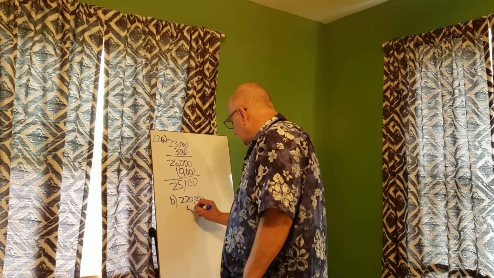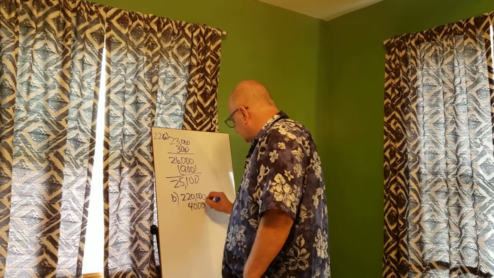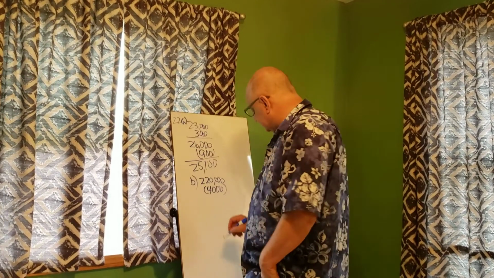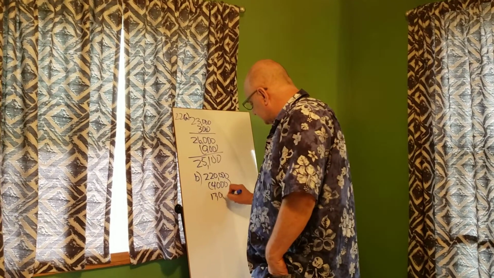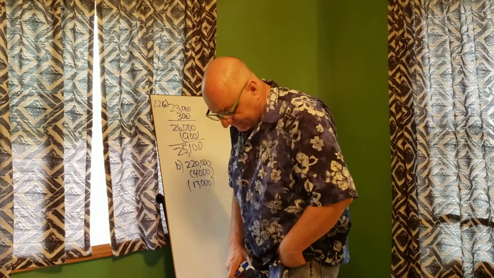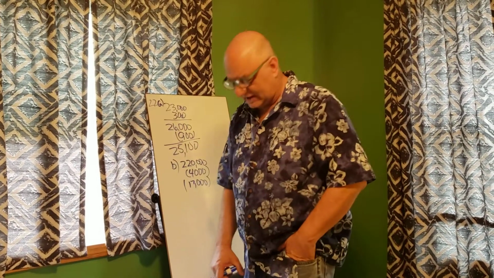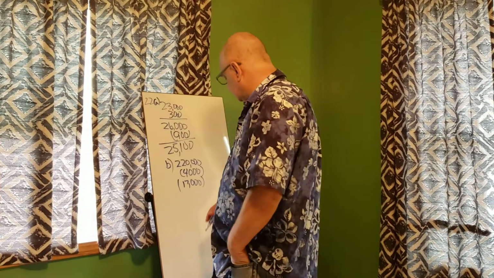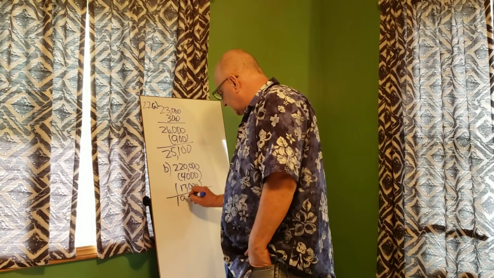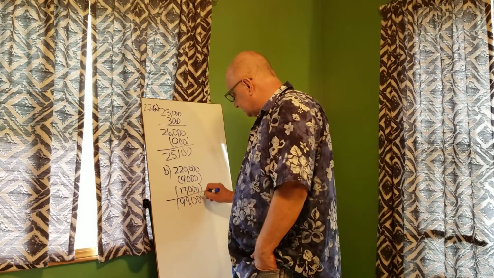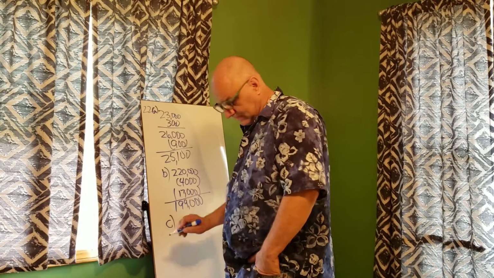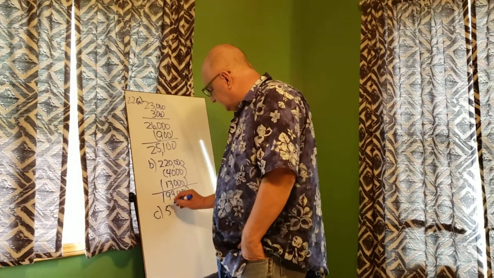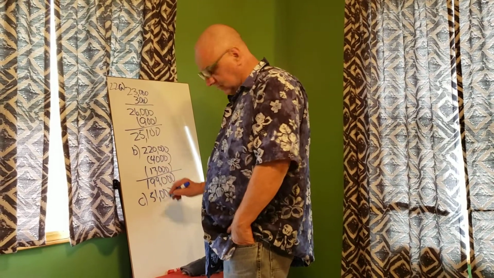So that would be a selling expense, $4,000 in points, and an additional $17,000, the $12,000 and the $5,000 in legal fees and commissions. So my amount realized would be $199,000.